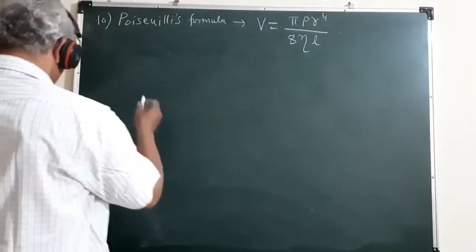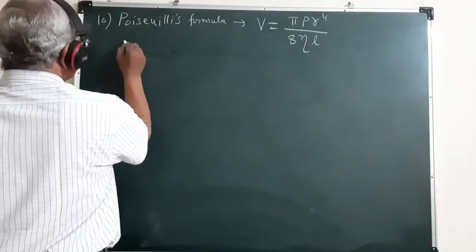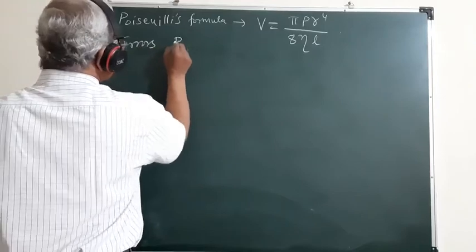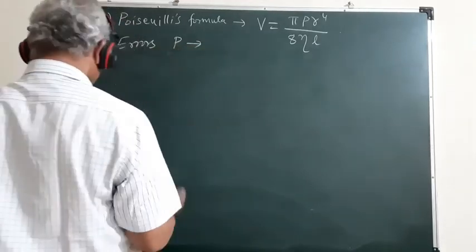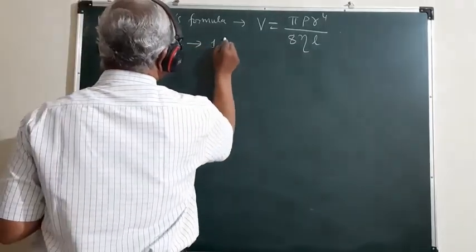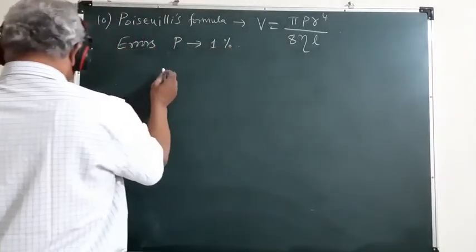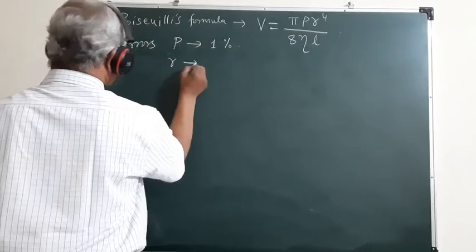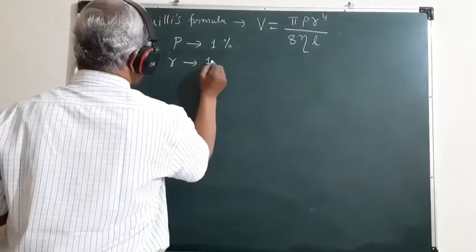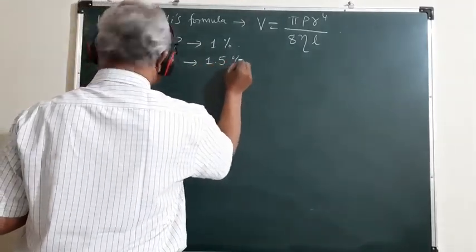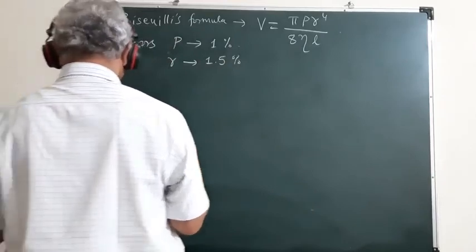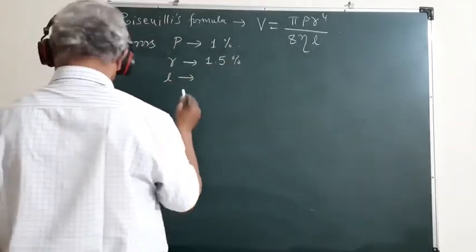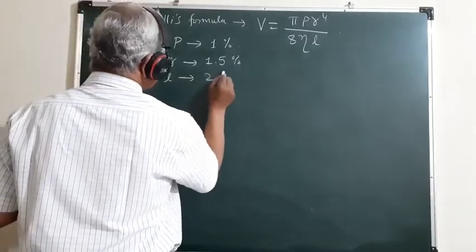The percentage error introduced in the measurement of the pressure difference is given to be 1%. The percentage error introduced in the measurement of the radius of the capillary tube is 1.5%, and the error introduced in the measurement of the length of the capillary tube is 2%.